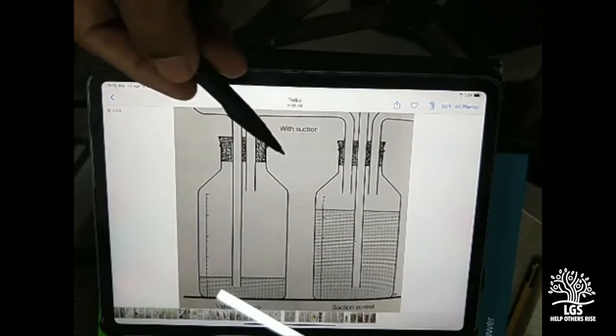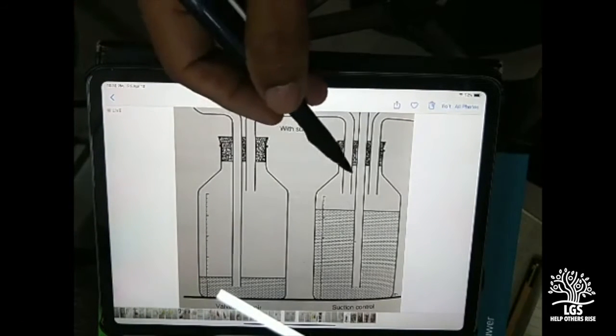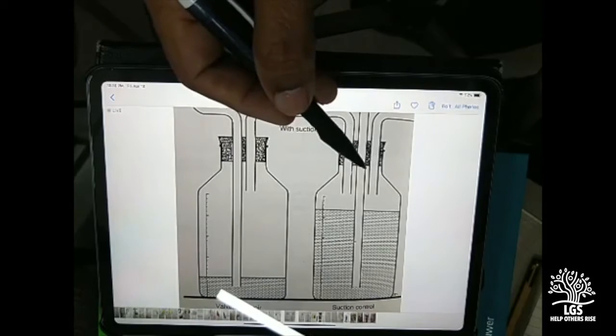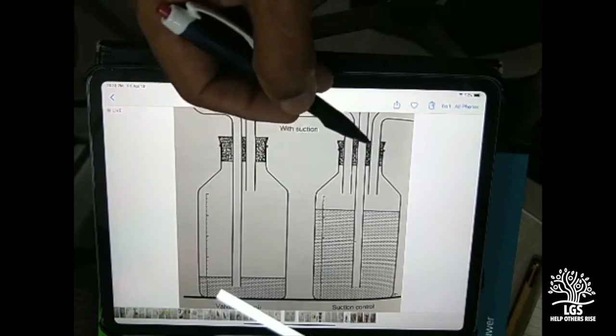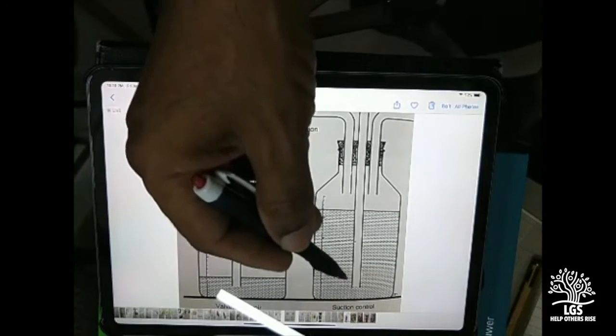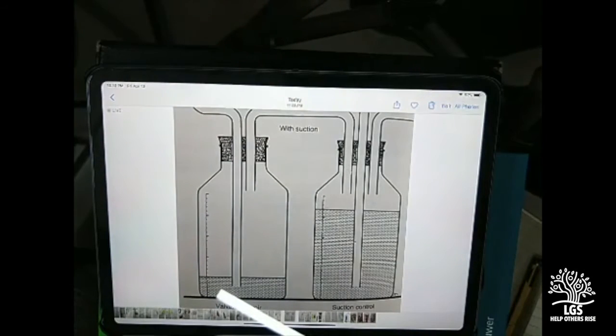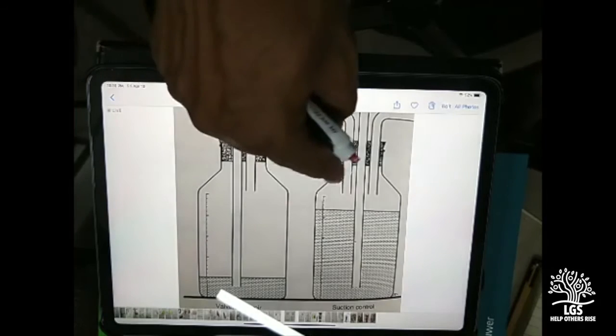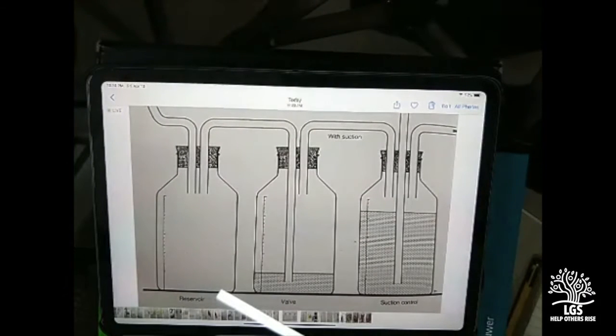If you want to increase the pressure further, there is a second bottle added next to the reservoir, which can increase the pressure, and you can continue to add such bottles in series. We used to put 3-4 bottles after mastectomy flaps.